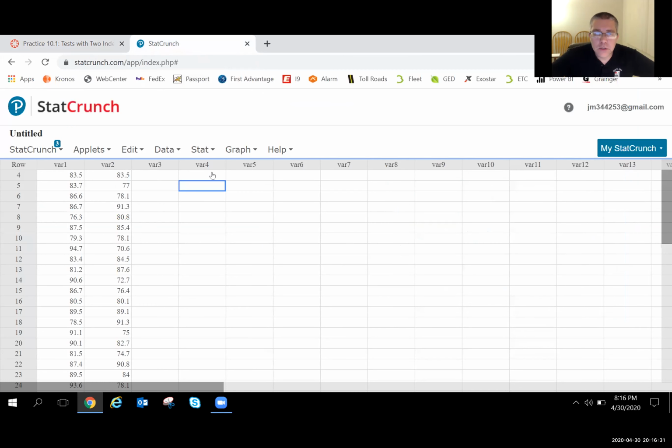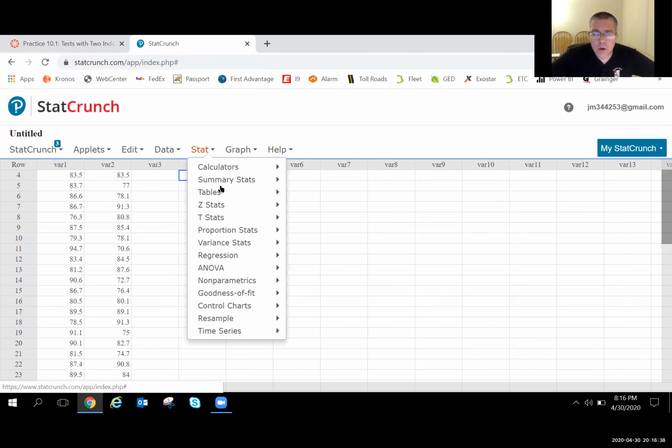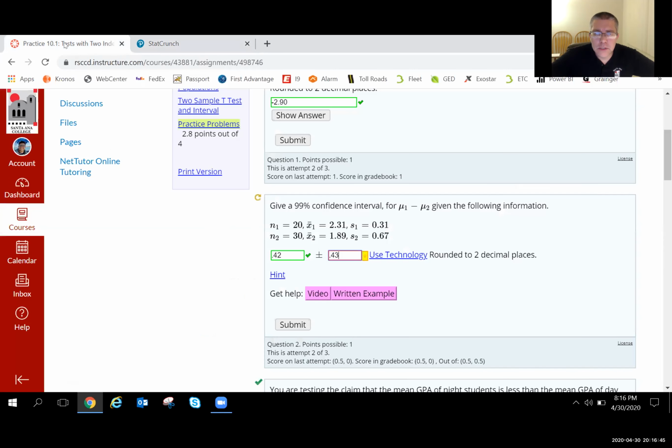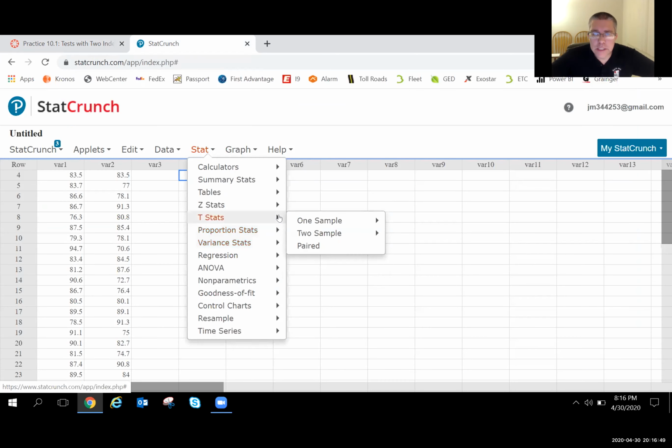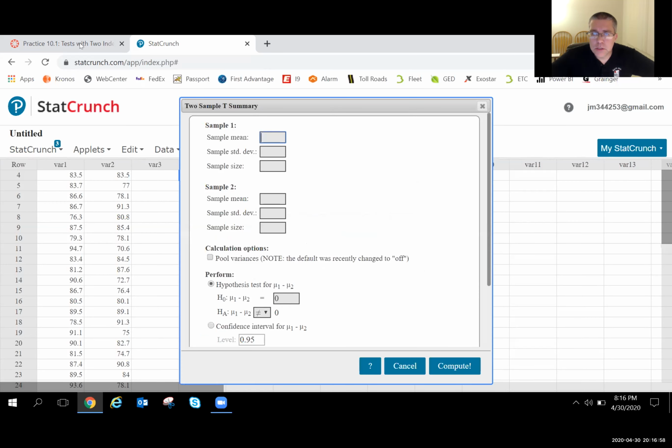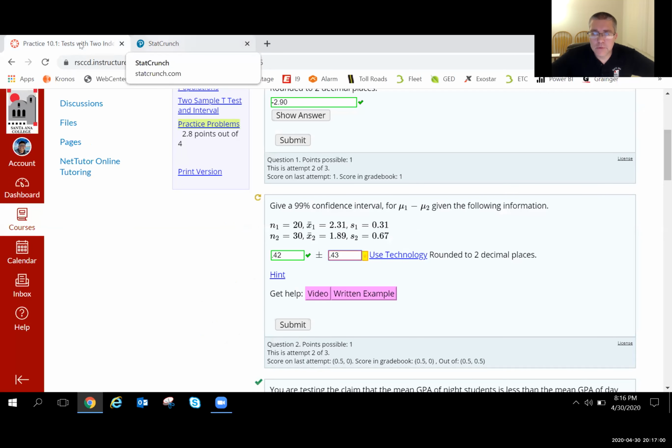Okay, and then we want to do stat, and this was a proportion. Were those proportions, or was it T? No, it's T. Sorry, it's means. So T stats, and then two sample with summary. Okay, and then we just plug in the values that we have, 20, 231, and 0.31.